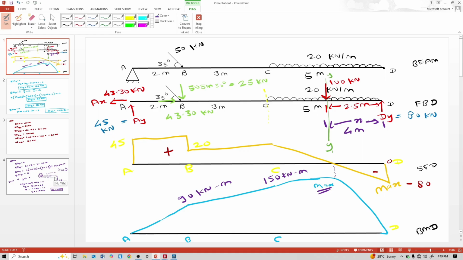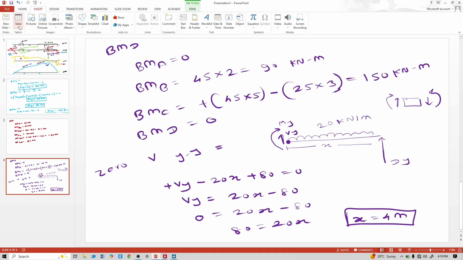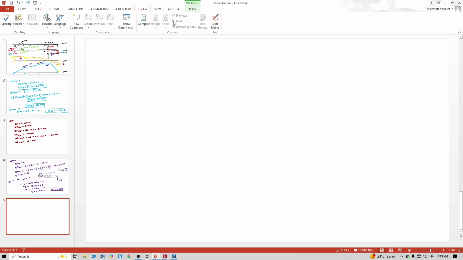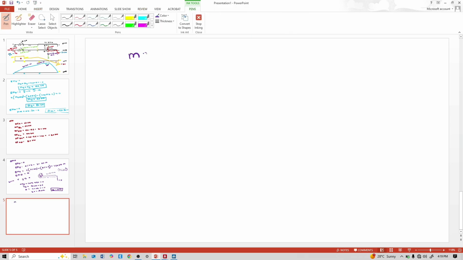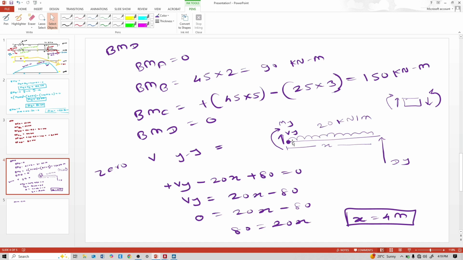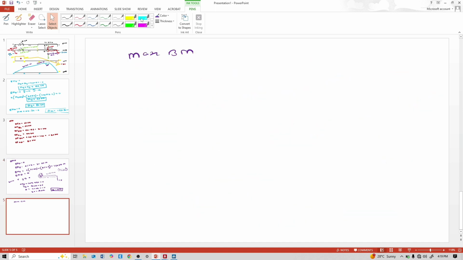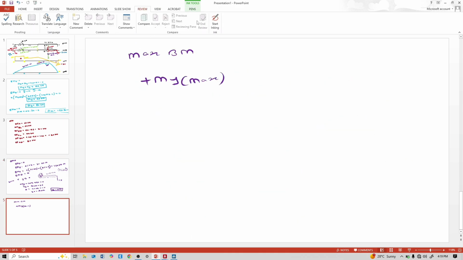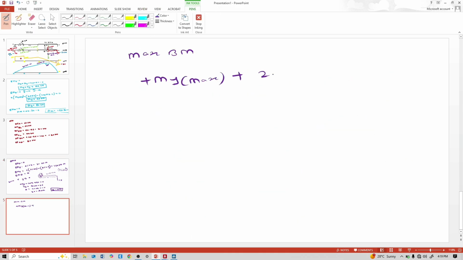So now we need to calculate maximum bending moment. So maximum bending moment is equal to this My is positive, and this My positive is maximum. This 20x into x by 2 is also clockwise.